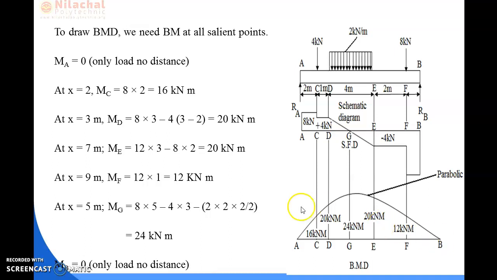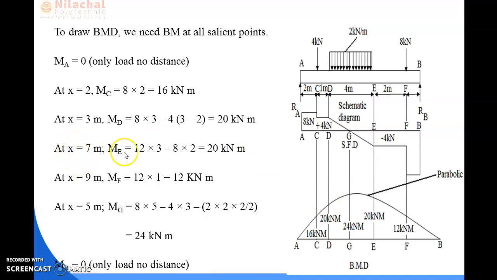After that, at point C, the bending moment is 16 kilonewton meter, so we give a point here which denotes 16 kilonewton meter. After that, at point D, the bending moment is 20 kilonewton meter, so it is above the bending moment at point C. So here is your 20 kilonewton meter.